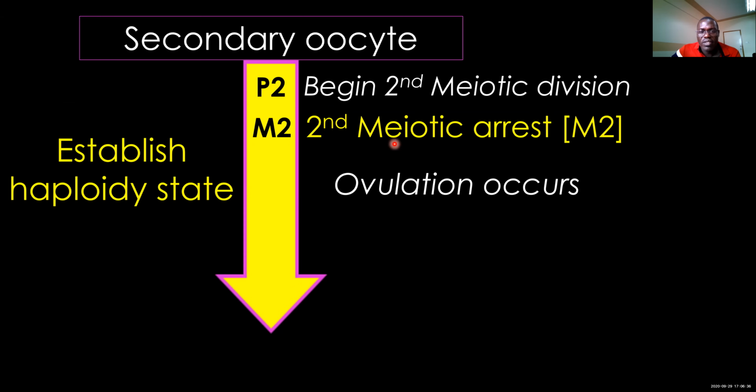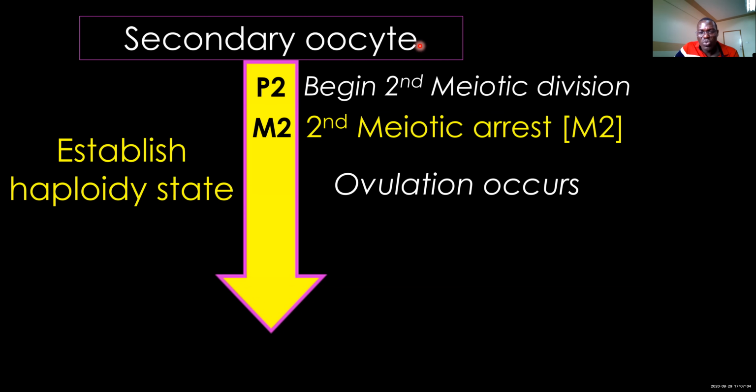It therefore means that when a woman is ovulating, the oocyte that is being ovulated is actually a secondary oocyte. It's something that has not yet completed the second meiotic division.